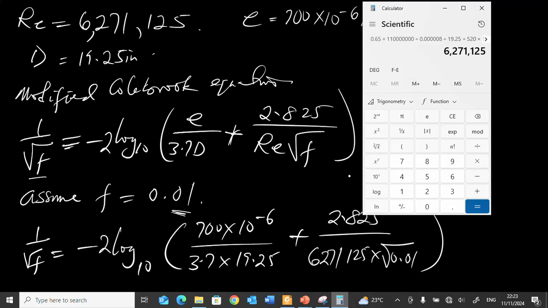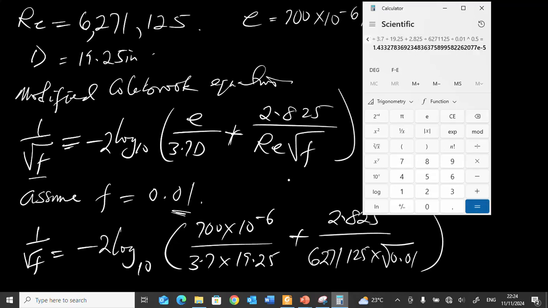So we have 700 exponential minus 6 divided by 3.7 divided by 19.25 plus 2.825 divided by 6271125 divided by 0.01 raised to 0.5.